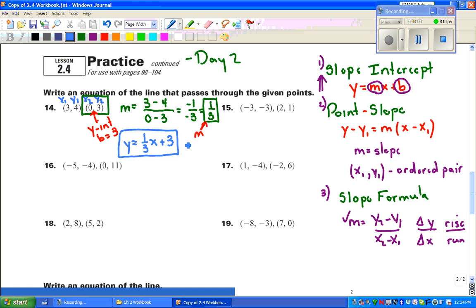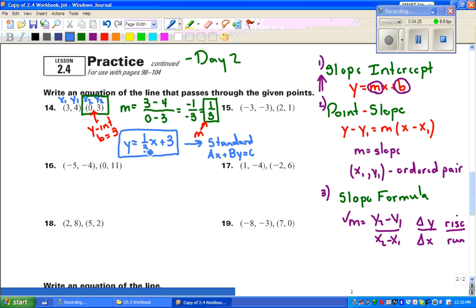Now, there's one thing that I want to talk to you guys about. What if we wanted to turn this into standard form? Remember standard form? It was ax plus by equals c. What would we have to do to turn that into standard form? Well, one of the things that happens in this one is this 3 down here.